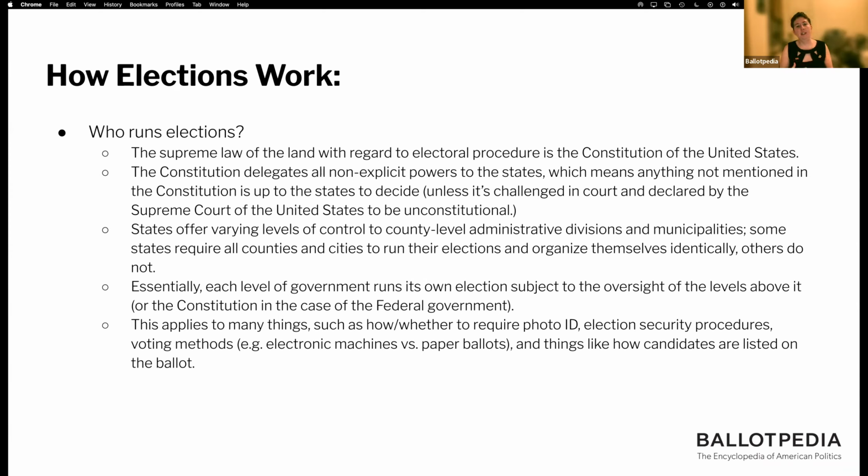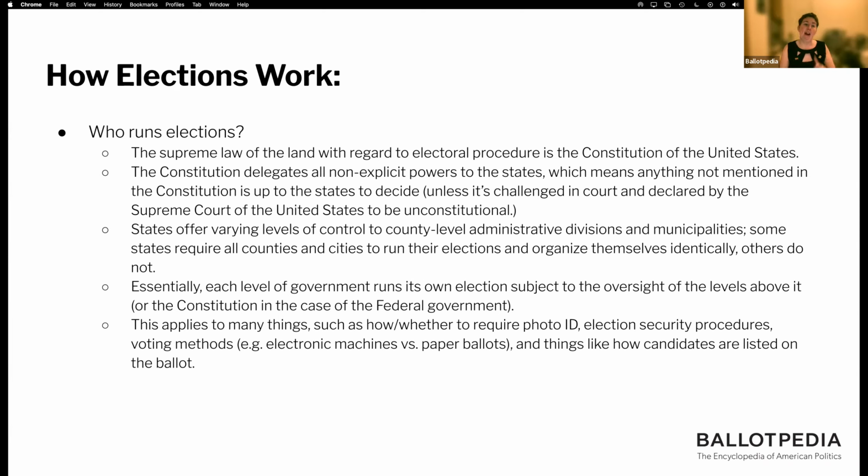So the Constitution says that the president needs to be 35 years old, and that's just non-negotiable. Likewise, the Constitution says that congressional representatives at the time that they take office must be living in the state they're a representative of.